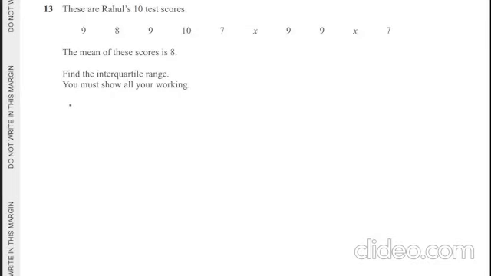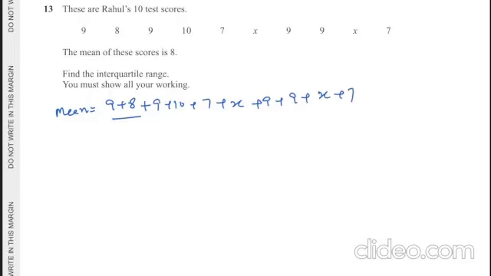So simple. What is the mean formula? Adding all of them: 8 plus 9 plus 9 plus 10 plus 7 plus x plus 9 plus 9 plus x plus 7 upon, these are 10 values, so 10. The mean is 8, so in place of the mean we can write 8.